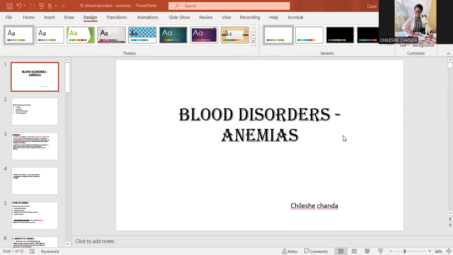The formed substances of blood include blood cells, which are three: the red blood cells, which are erythrocytes, the white blood cells, which are leukocytes, and the platelets, which are thrombocytes.